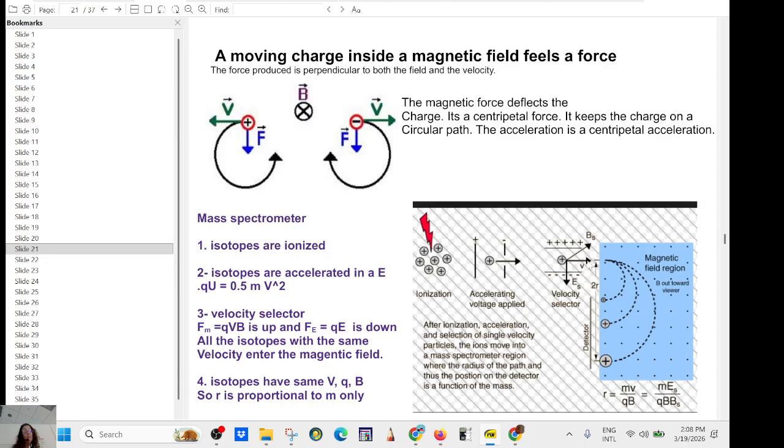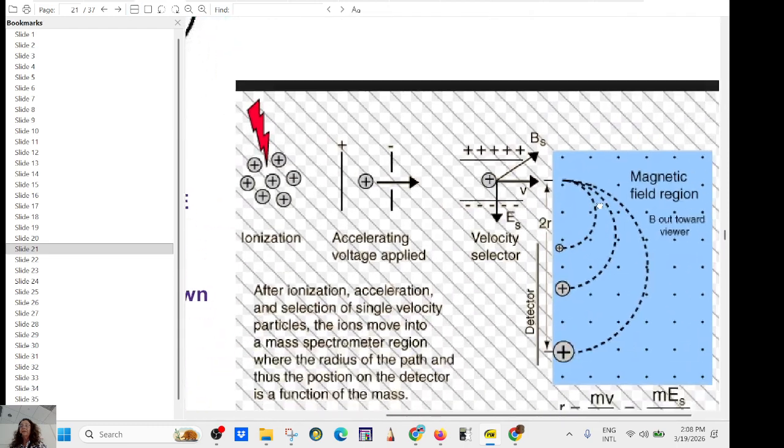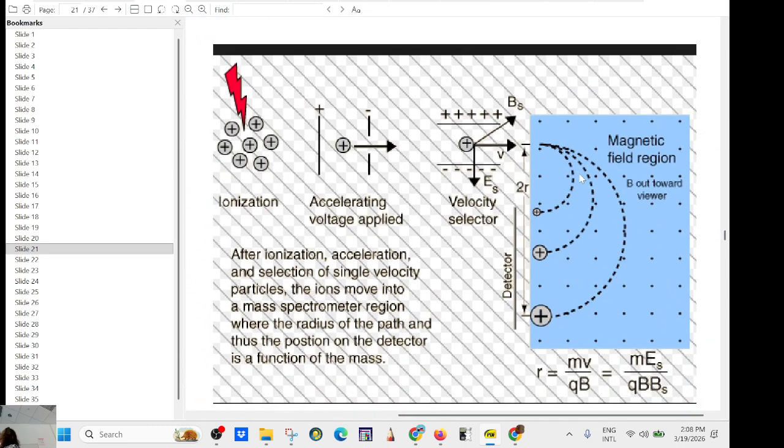And then we talked about the mass spectrometer. So again here, if you have a moving positive charge, it could be any positive charge. You take an isotope, you strip off some electrons, and it becomes positively charged.